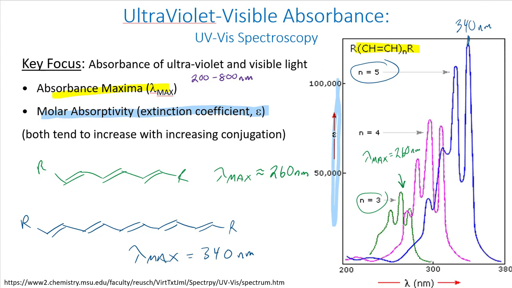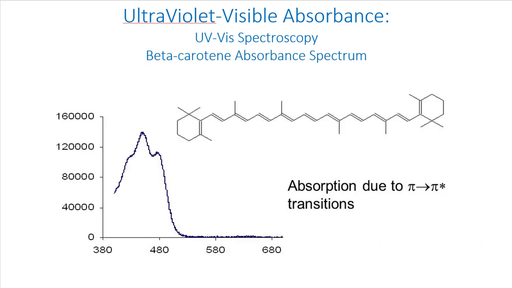To absorb in the visible range, a polyene would need to contain a fairly large number of pi bonds, as is in the case of the vitamin beta-carotene, the absorbance spectra of which is shown here. Now notice the difference in wavelength on the x-axis.